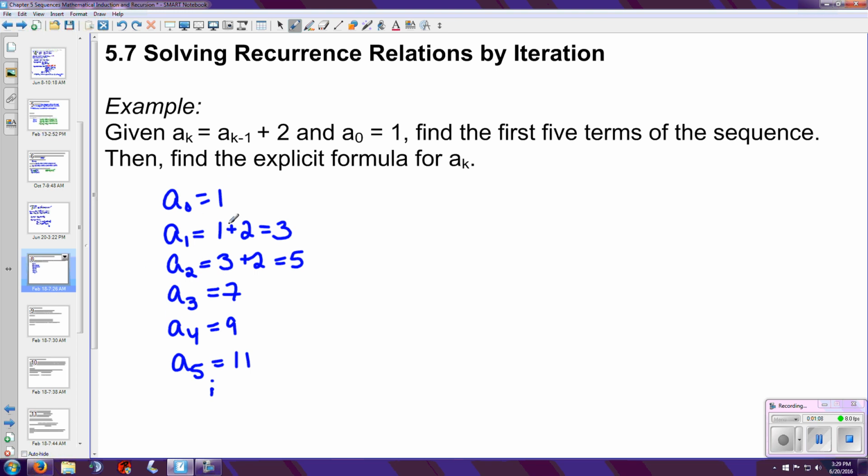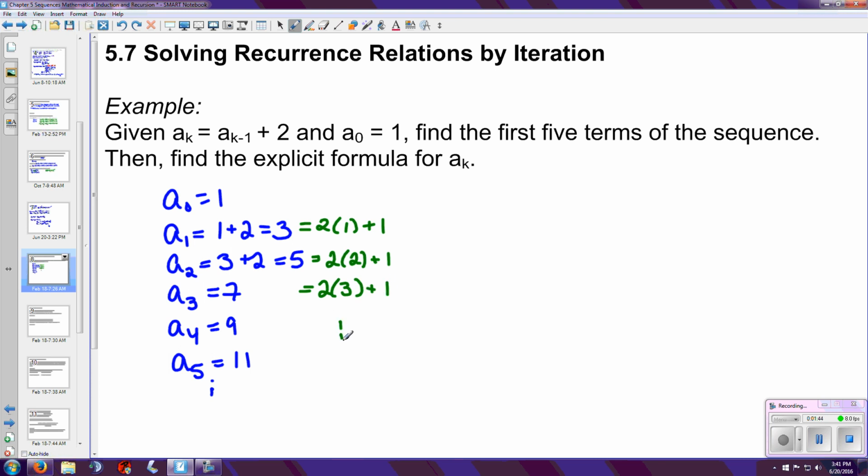Well, if we go through the list, 1, 3, 5, 7, 9. We're constantly going plus 2 to each, but is there perhaps a multiplier that might work? What we notice with each of these is that we can write them as 2 times some integer plus 1. So 3 is 2 times 1 plus 1. 5 is 2 times 2 plus 1. 7 is 2 times 3 plus 1.